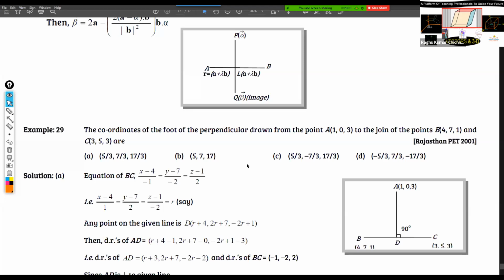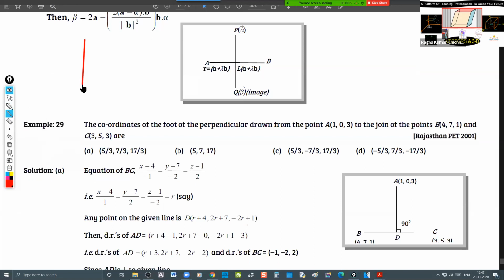Now, see, for example, you don't want to go for the method, then how to proceed? You can see clearly from the diagram what I have drawn. I'm drawing it again for your purpose. See, this is the foot of perpendicular drawn from A onto BC.